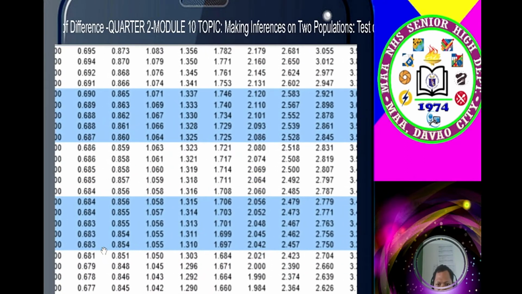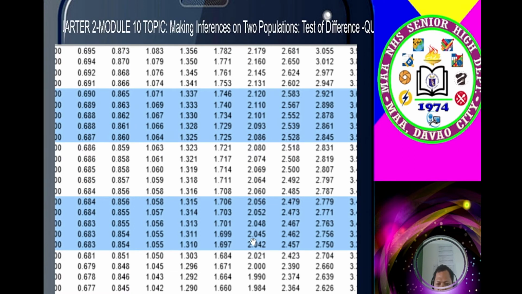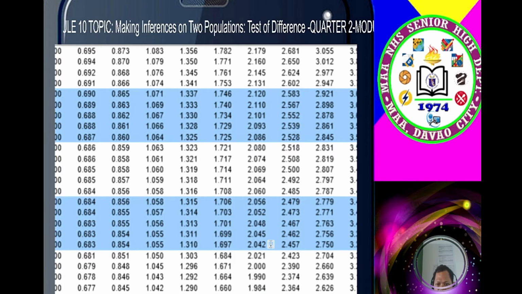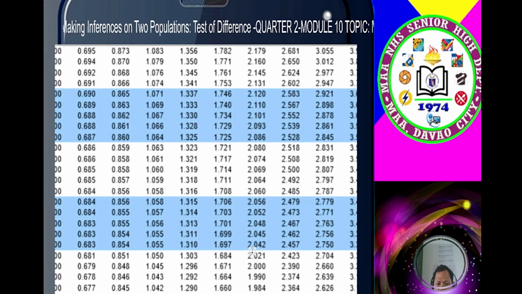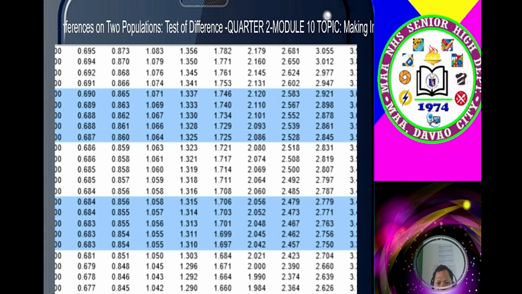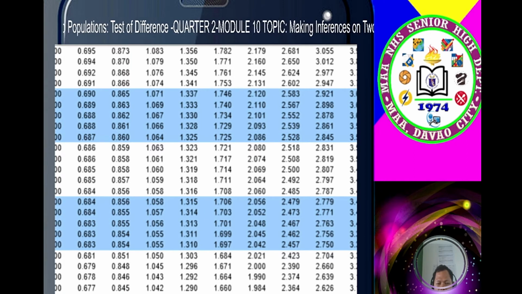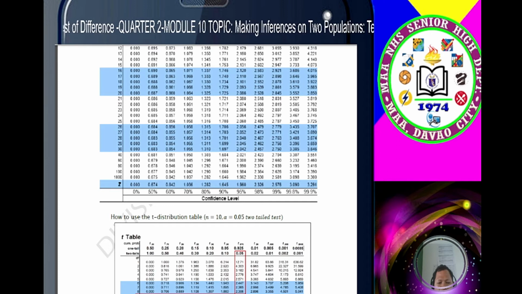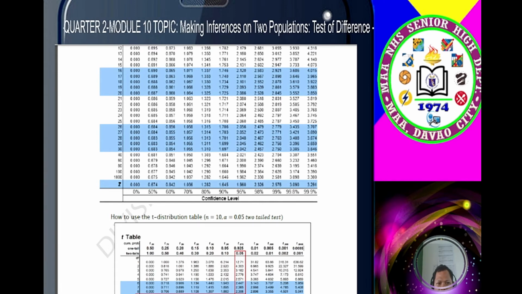So here is 30, and this is our t value, which is 2.04. I hope you get the idea on how to use the table. So I hope it's clear to you.